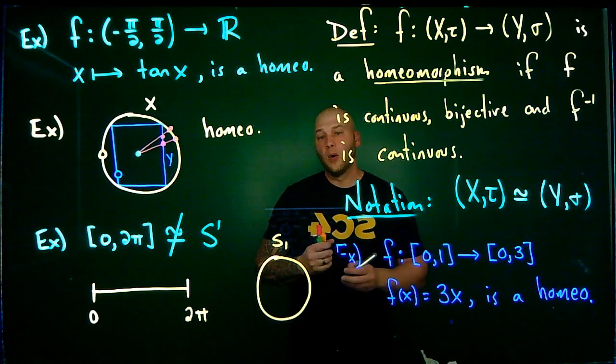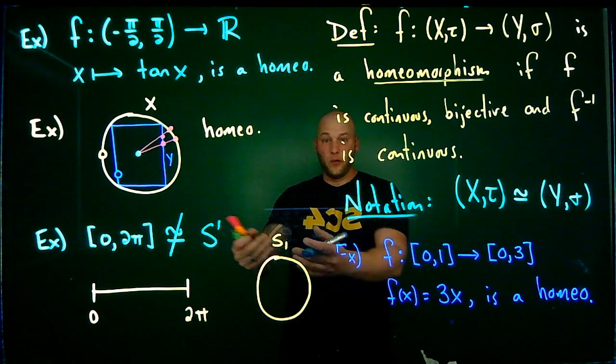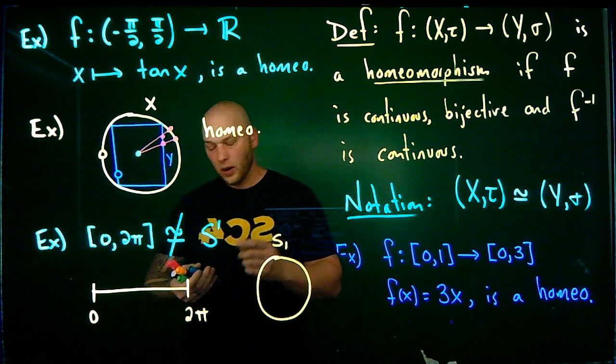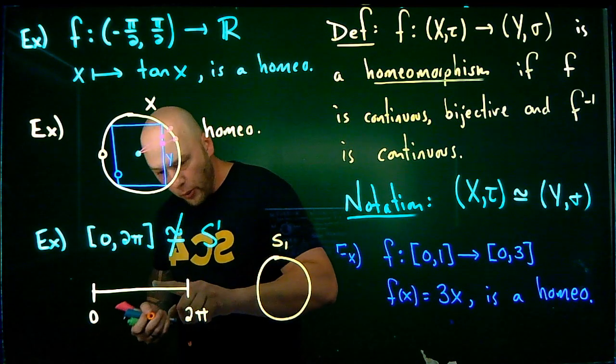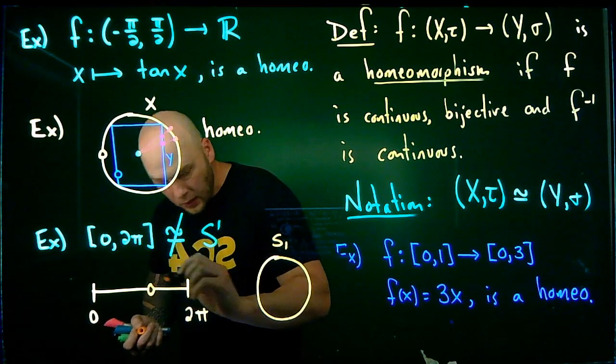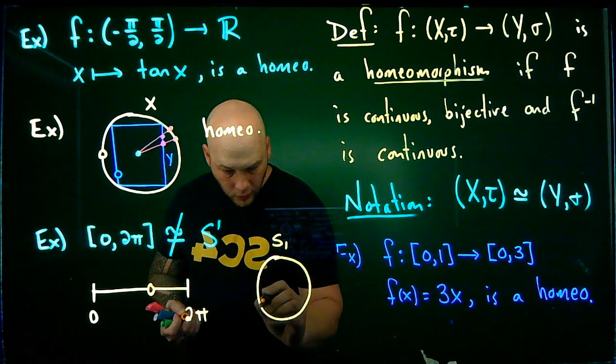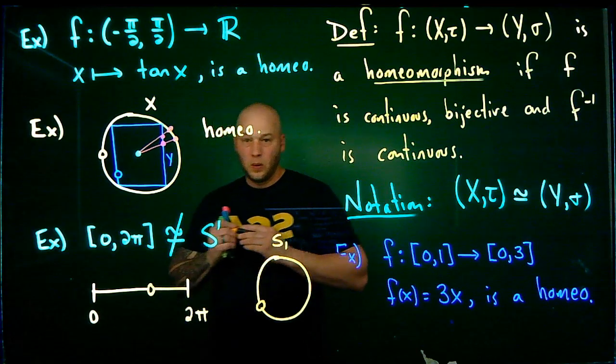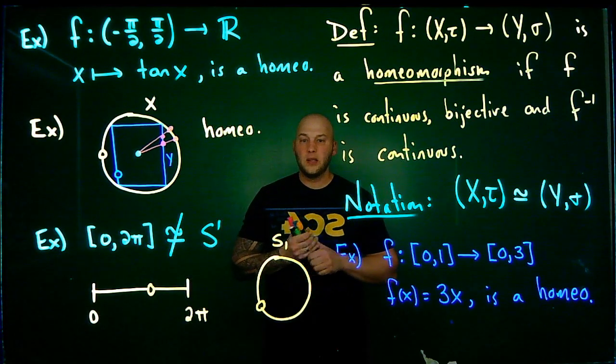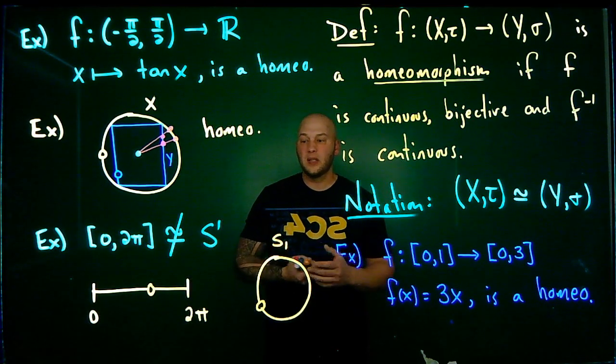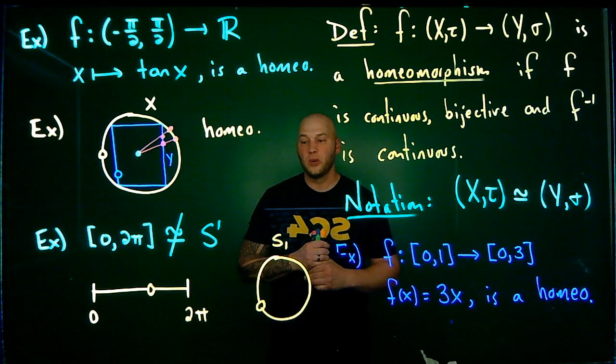So therefore I could do the same thing down here. However, what happens? If I remove a point here, and then I remove a point over here, let's see if there's any way to now distinguish topologically those two spaces.